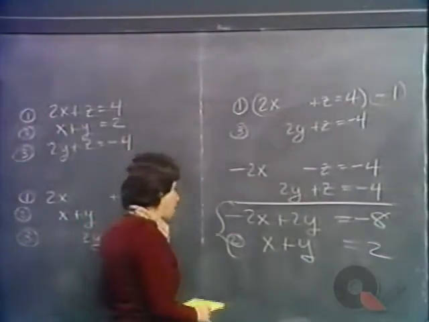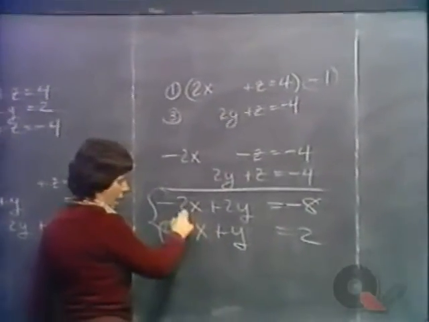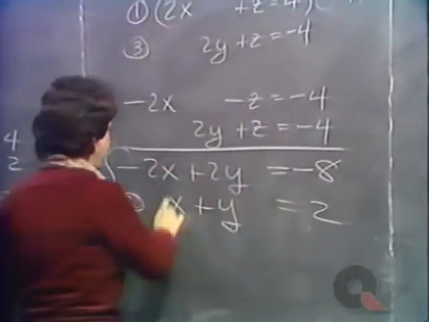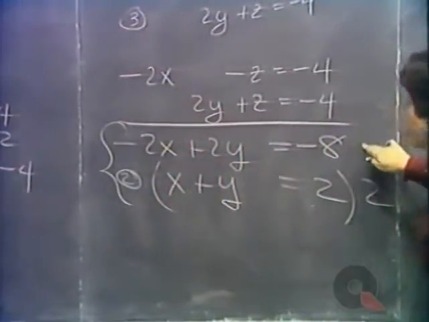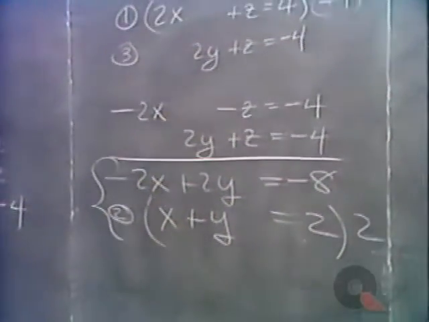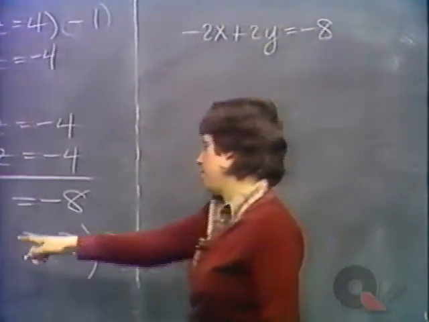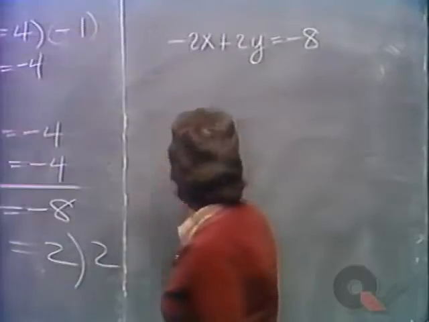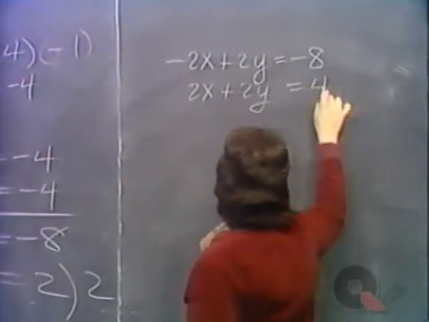Let us multiply both sides of equation 2 by 2 and add it to this equation here. The first equation we're leaving alone. That's minus 2x plus 2y equals minus 8. This one we're multiplying through by 2. We get 2x plus 2y equals 4.